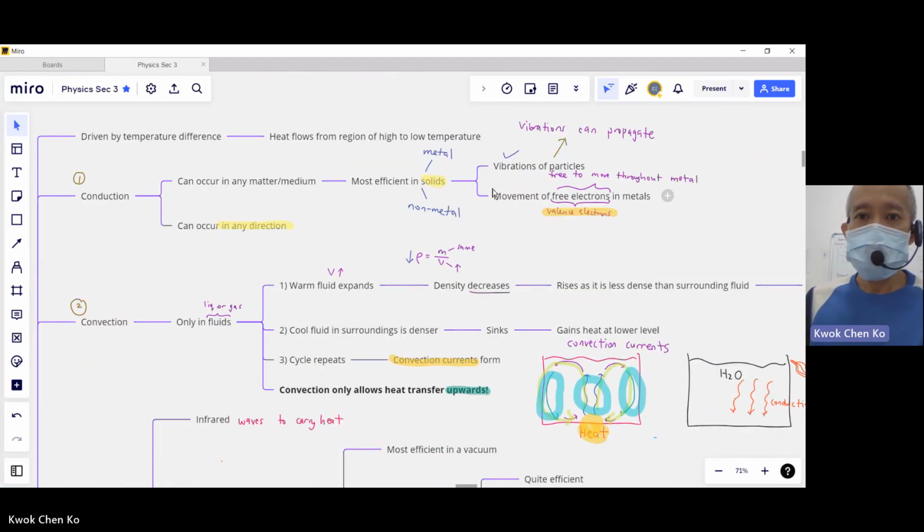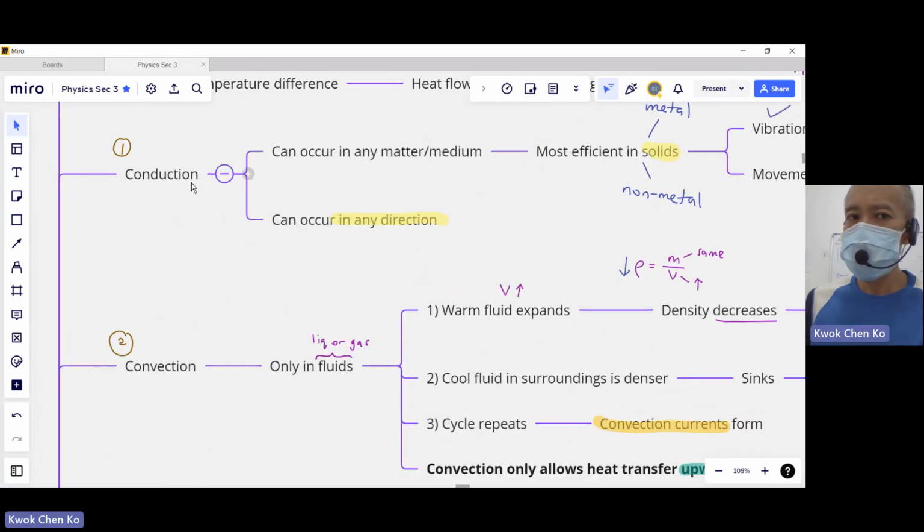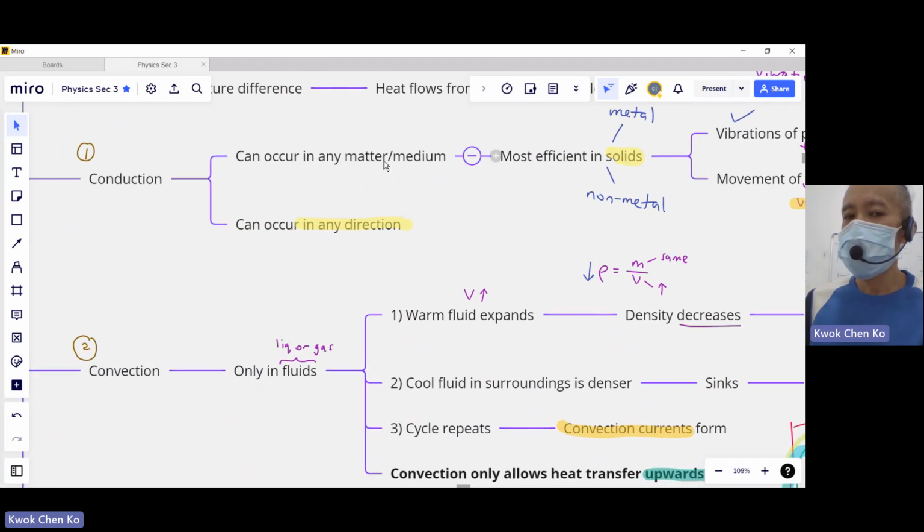I didn't mention this, but can you also take note? Conduction can occur in any matter: solid, liquid, or gas. But in solid it is most efficient, followed by liquid, lastly gas.